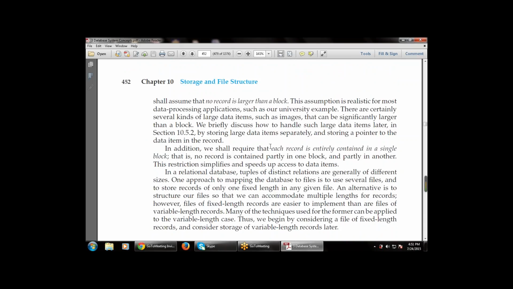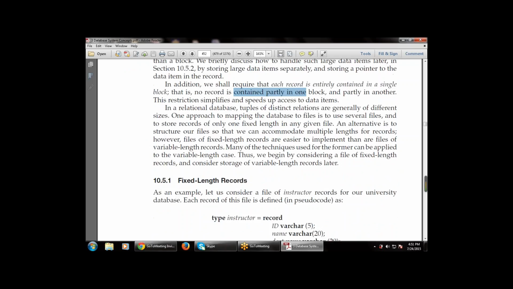In addition to this, we can also require that each record is entirely contained in a single block. So when we divide the file into various blocks, no record is contained partly in one block and partly in another block.